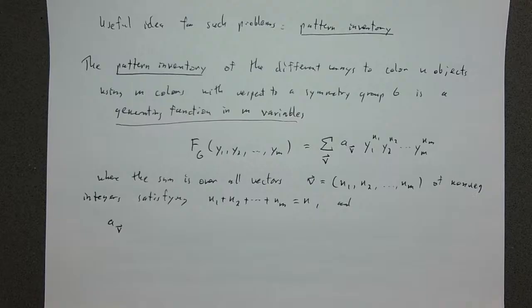But the idea is that the coefficients were counting the thing that we were interested in. So the whole way that we solved problems using generating functions is whatever thing we wanted to count, we wrote that as a sequence, some a sub k, and then we wrote the generating function for that sequence and worked with it, and the answer to whatever question we were asking was some coefficient of some particular power of x in that generating function.